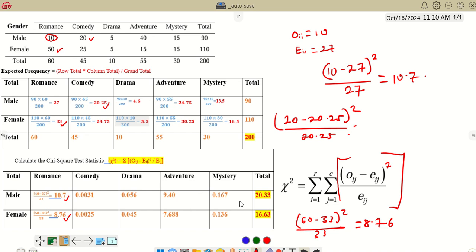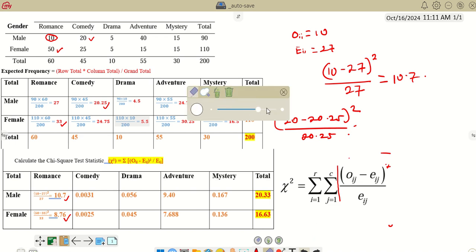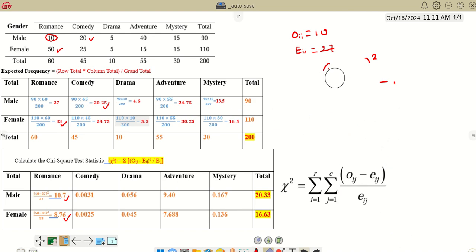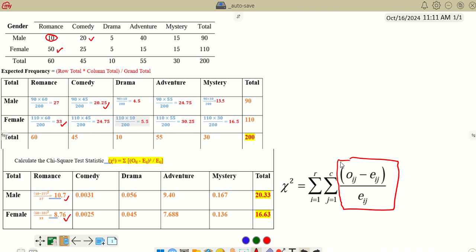When you do that, we now have all these values. So all these values are this part of the formula.